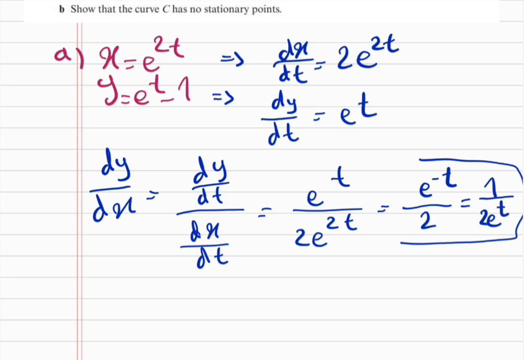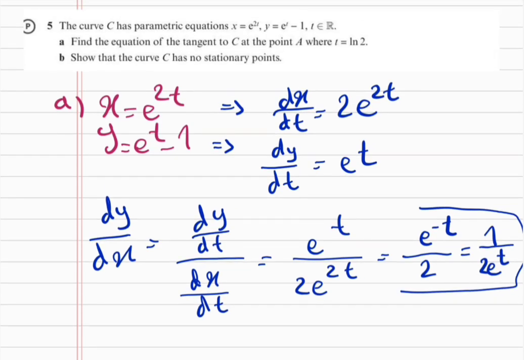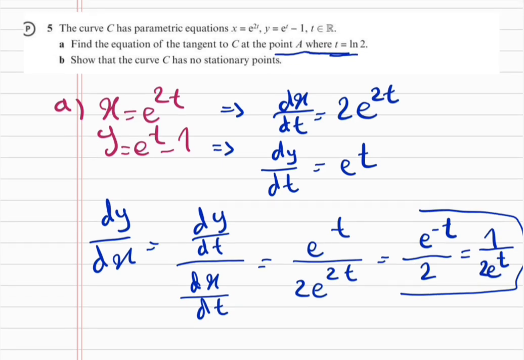And we now need to find the coordinates of the point A. Remember that we have point A when t is equal to ln 2. So we need to substitute ln 2 into the equations of x and y to get the coordinates.